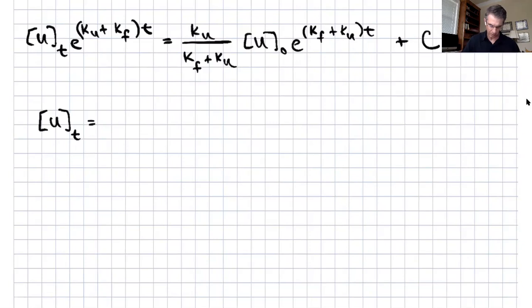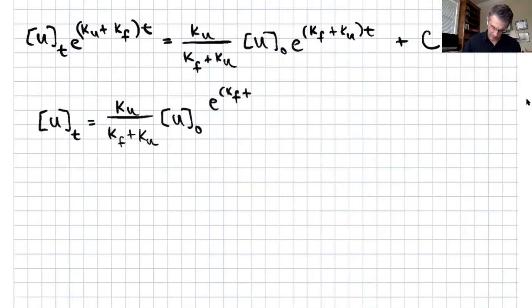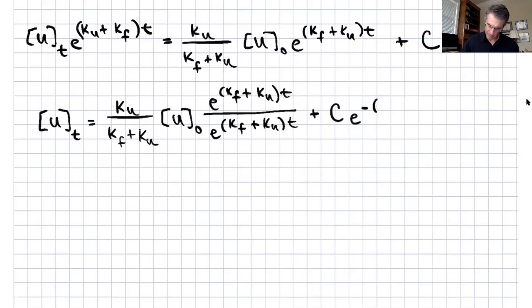That's what we want. So let's go ahead and divide this whole thing by that exponential term. It's going to make life a little bit easier. So now that'll give us ku over kf plus ku times the concentration of U at time 0, e to the (kf plus ku)t divided by e to the (kf plus ku)t, plus C e to the minus (kf plus ku)t.